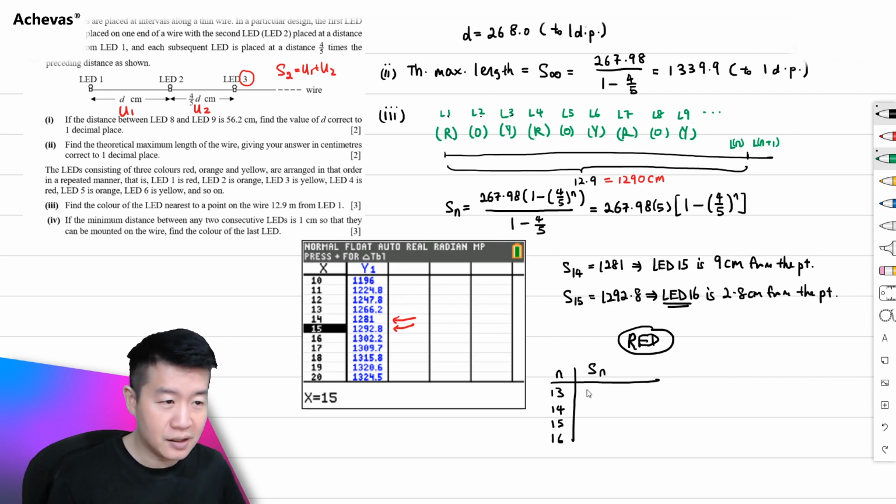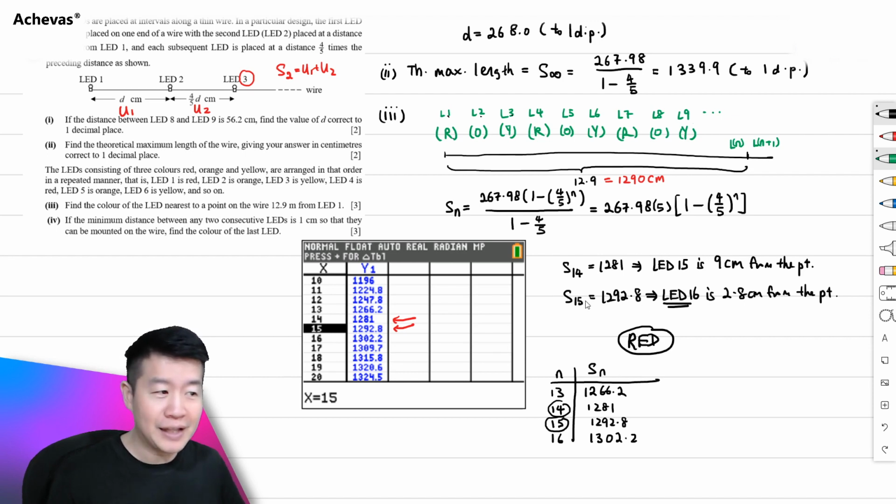So when it is 13, in my presentation I'll write 1266.2. Then when it is 14, I have 1281, 15, 1292.8, and 16, 1302.2. So I know 14 and 15 are what I'm interested in. In fact, 15 is what I'm looking for, and this directs me to LED 16.